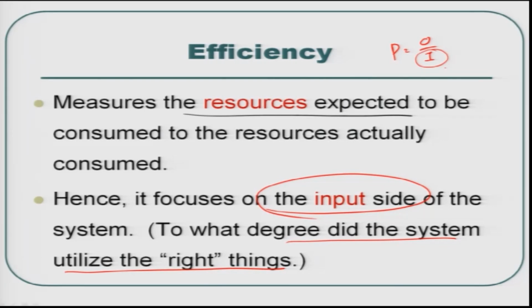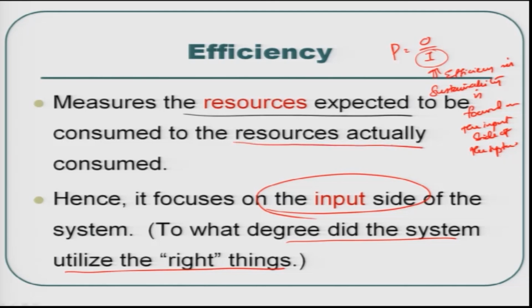When we talk about efficiency in this course, we are focusing on the input side of the system. Remember this. So, what are the resources actually consumed? What was the actual consumption?